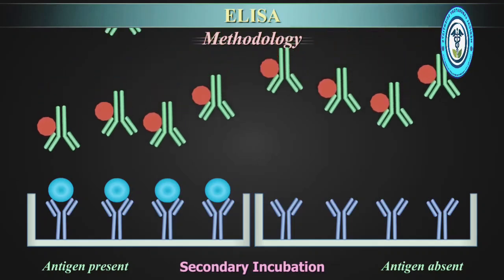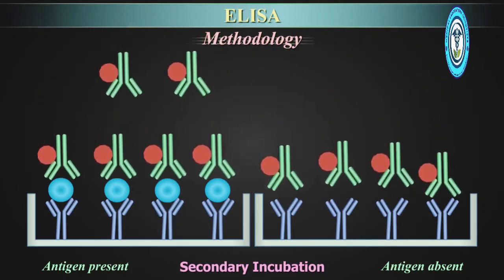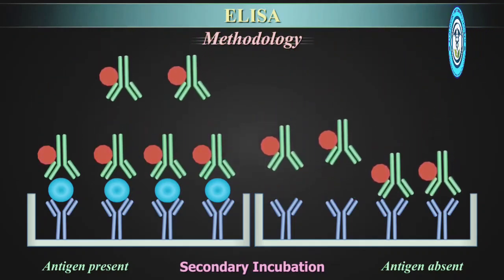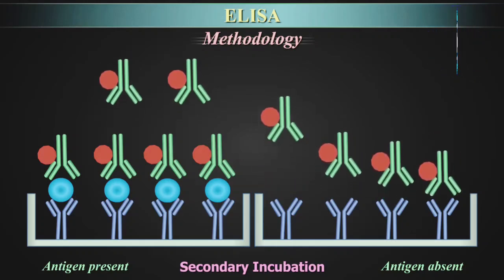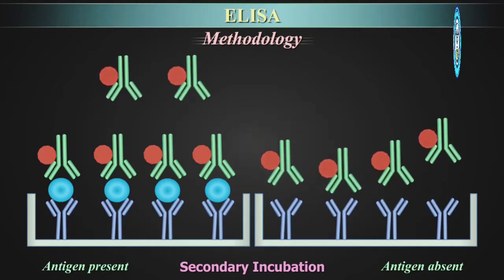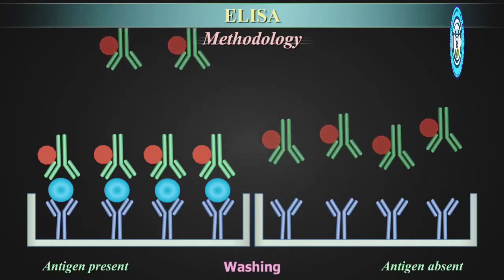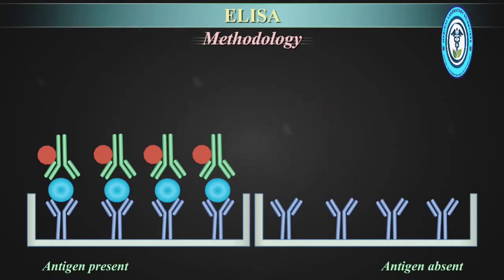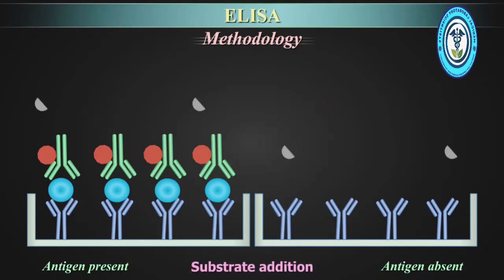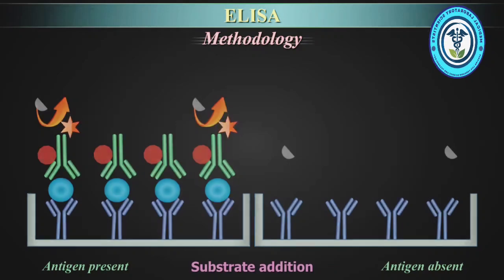To detect the bound antigens, a secondary antibody that is attached to an enzyme such as peroxidase or alkaline phosphatase is added to each well. After an incubation period, the unbound secondary antibodies are washed off. When a suitable substrate is added, the enzyme reacts with it to produce a color.